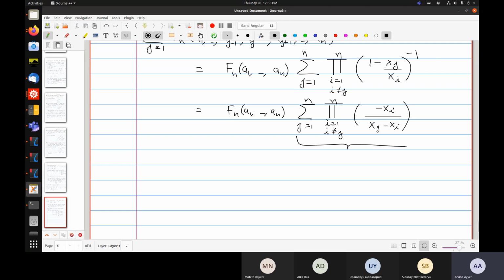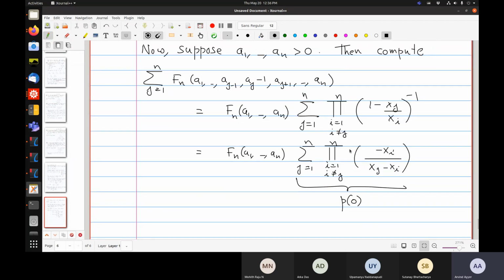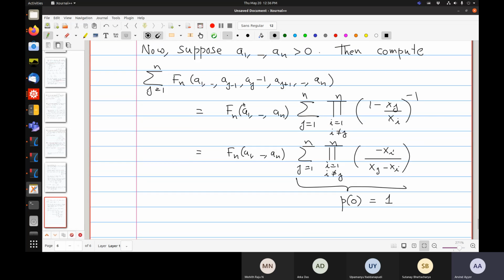But this thing is nothing else but p of 0. So you look at p of 0, you just plug in x equals 0, you get minus x_i by x_j minus x_i, same sums and products as before, and so this is equal to 1. So what we have shown is that F_n as a polynomial satisfies this recursion.